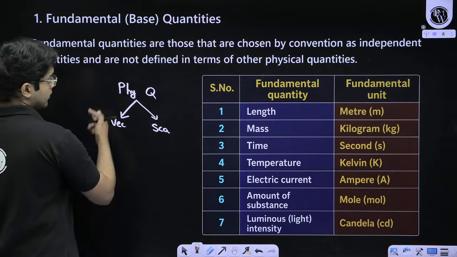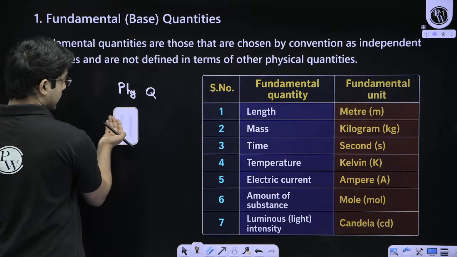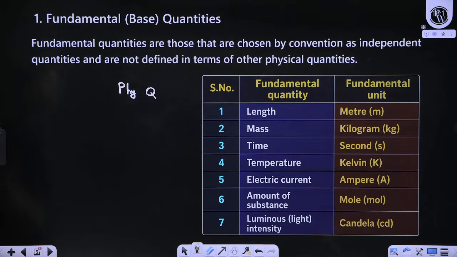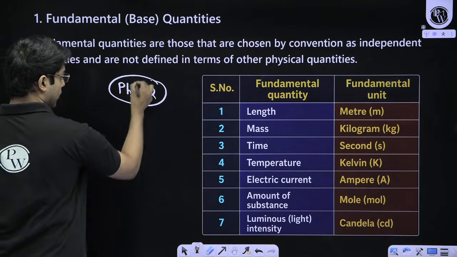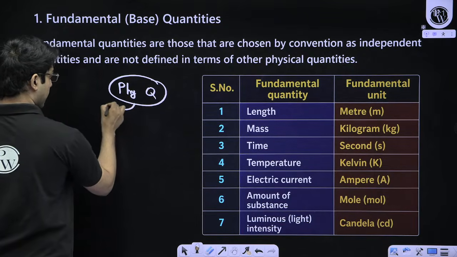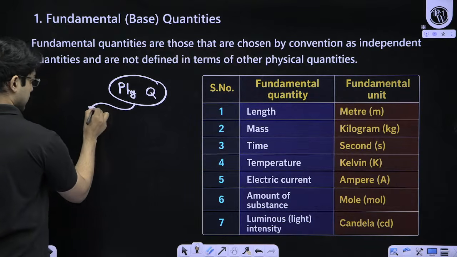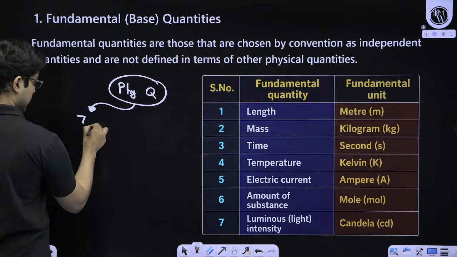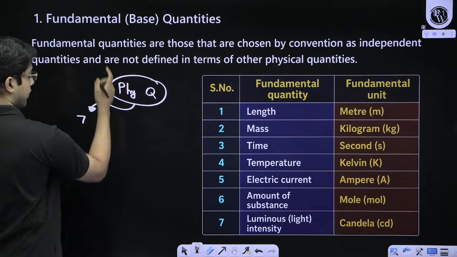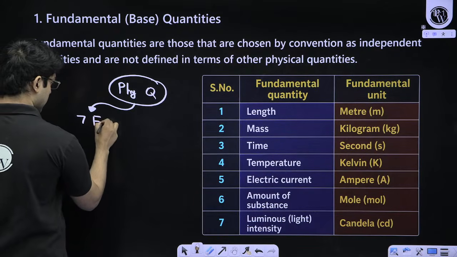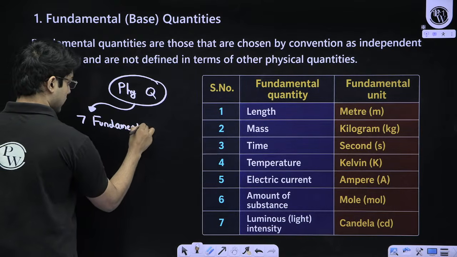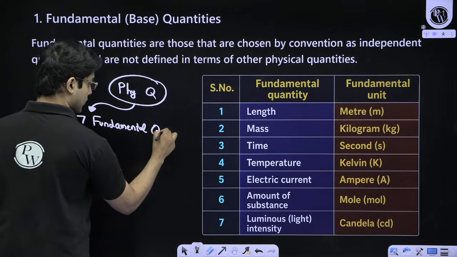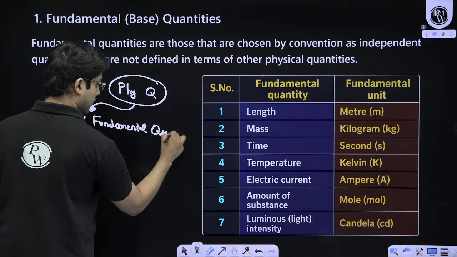There is also another important classification, which is of all the physical quantities, there are 7 physical quantities which are called the fundamental quantities, and these are chosen as the fundamental quantities by convention.